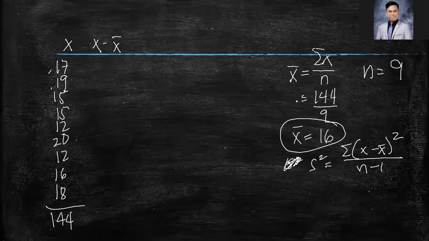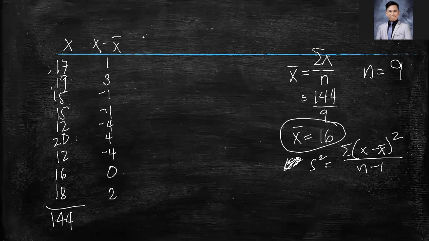Okay, pag sample. Ayan na siya, may minus 1. Okay, so kunin muna natin yung x minus x bar. So 17 minus 16, 1, 19 minus 16, 3, and so on. So 1, 3, negative 1, negative 1, negative 4, 4, negative 4 ulit, tapos 0, and 2.